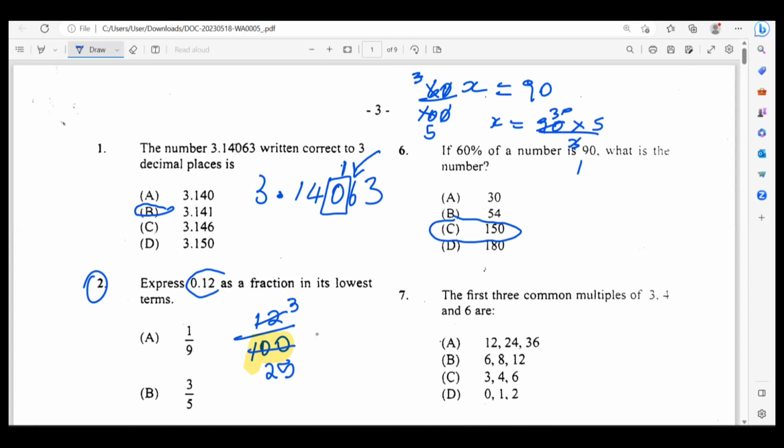Let me show you a little trick. If you know the percentage amount and you have it as a fraction, and it is equal to some number, and the number is 90. Now, if 60% is 90, and the intention is to find the original thing, you reciprocate the fraction.